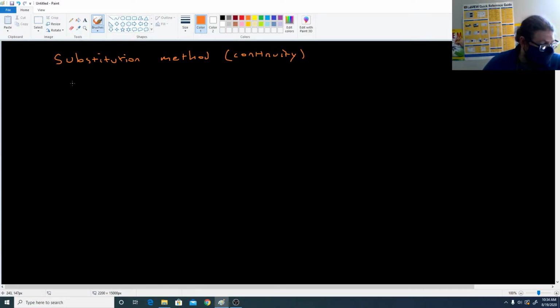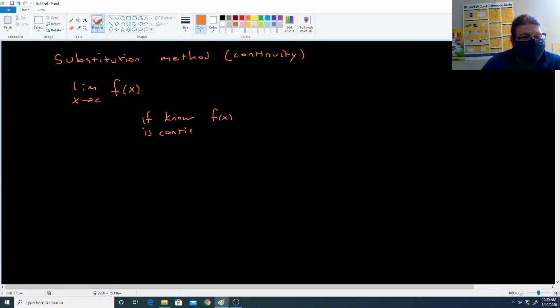So how this works is, suppose you have a limit as x approaches c of f of x, and let's say we want to evaluate that limit. Well, if we know that f of x is continuous at the c value, then we can use the equation of continuity, and this will say that the limit as x approaches c of f of x is f of c.